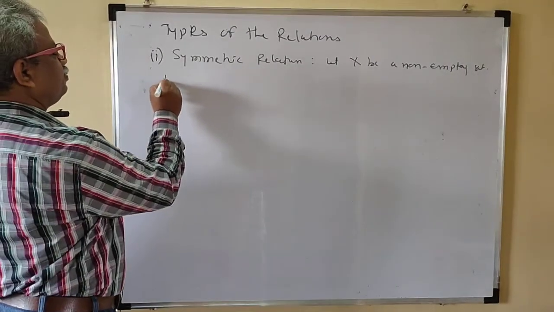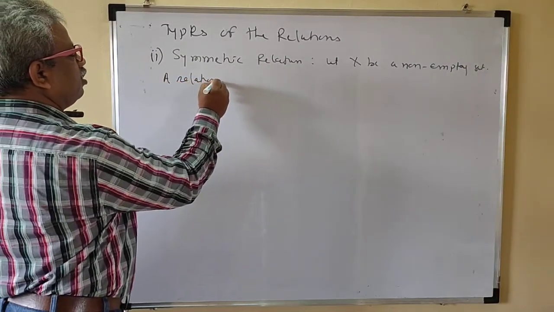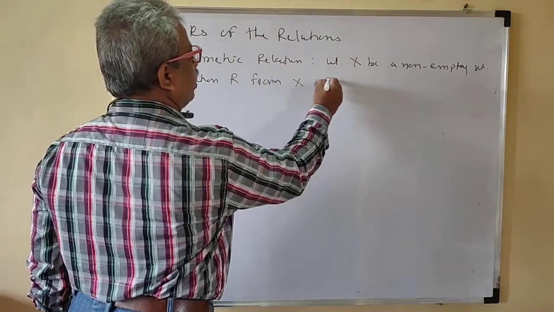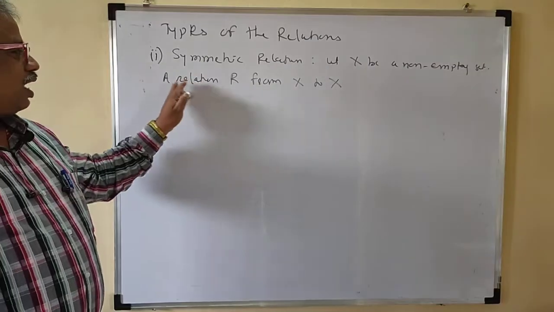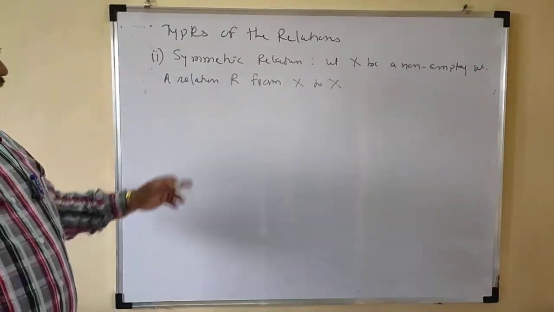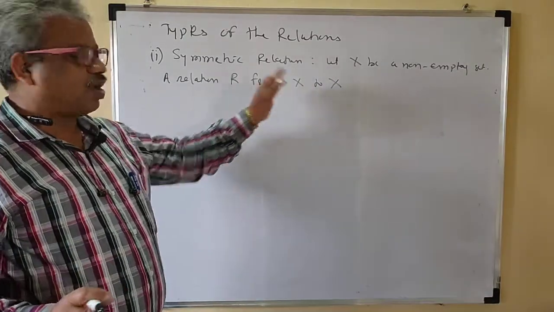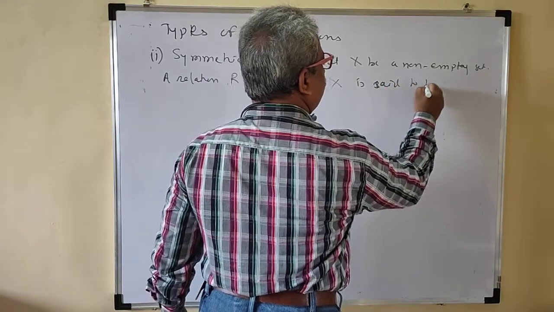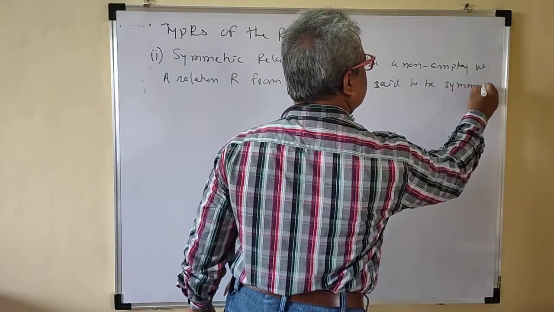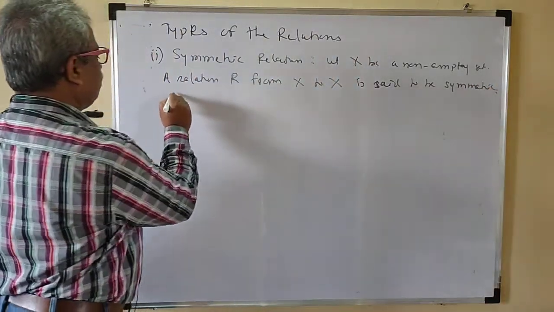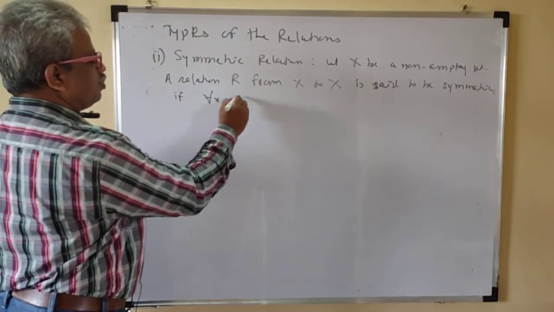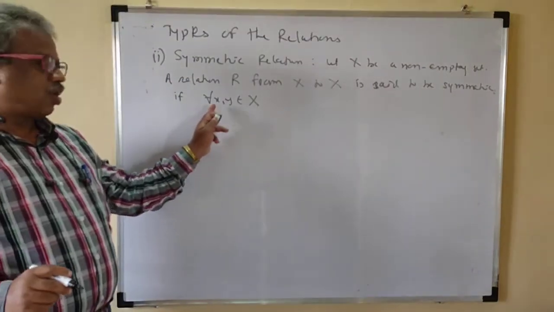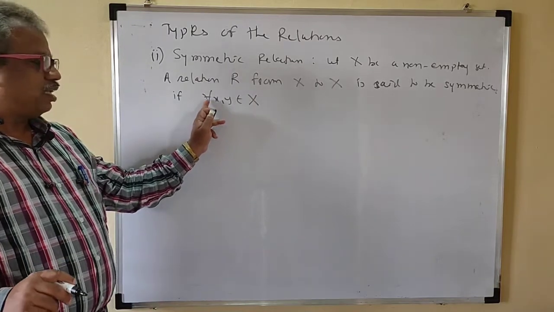A relation R from X to X, or simply, a relation R on X, is said to be symmetric if for all x, y belonging to X. This is the symbolic representation of for all, no need to write the spelling, just write this symbol.